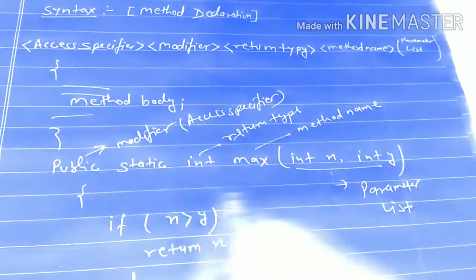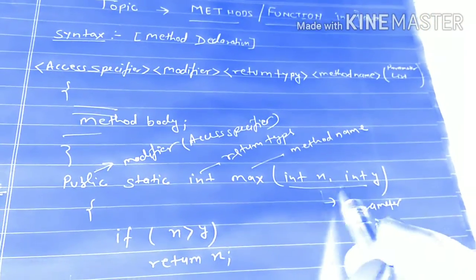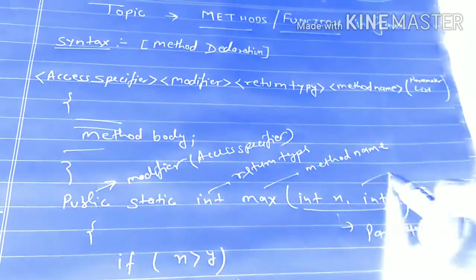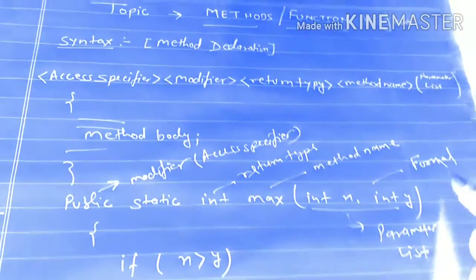In this method, we are passing two parameters, and both are of type int: int x and int y. These are also called formal parameters.